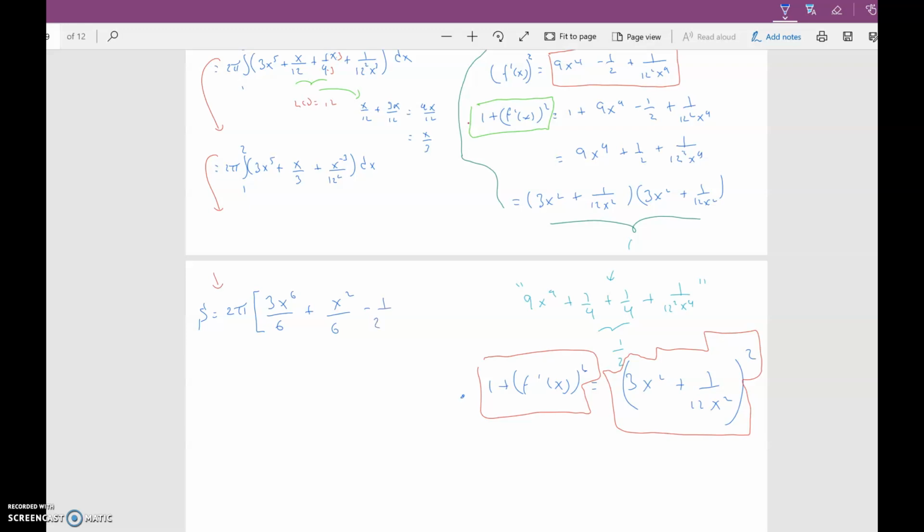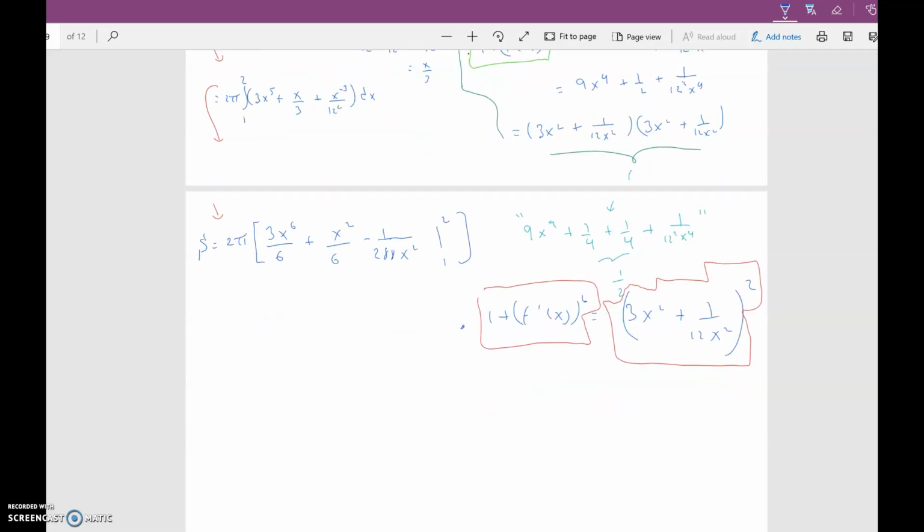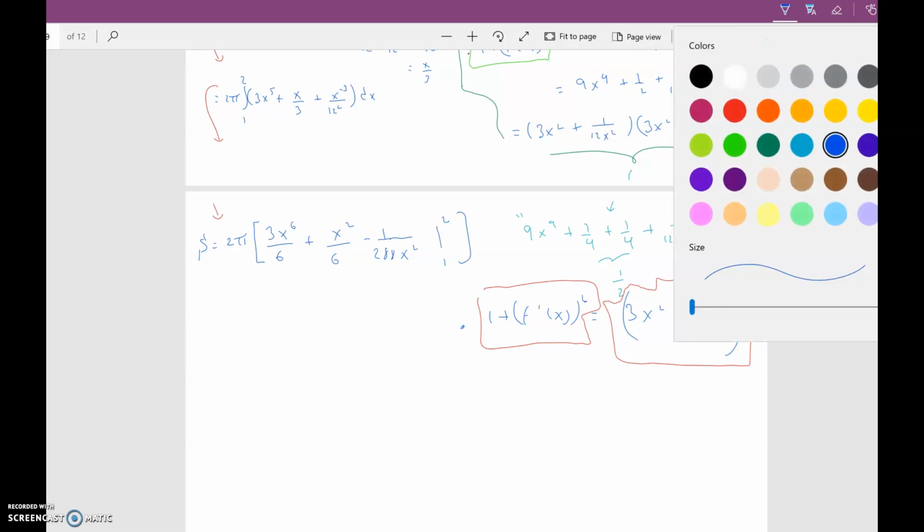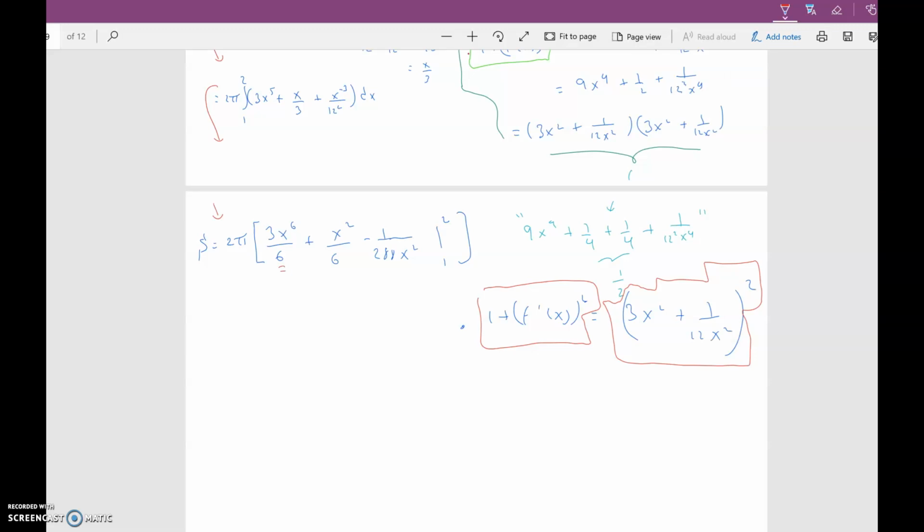So 1 over 288 x to the 2nd. I'm just going to put the x to the 2nd at the bottom, and we're evaluating this from 1 to 2. Let me reduce these so we can actually reduce that one, and that's actually it.